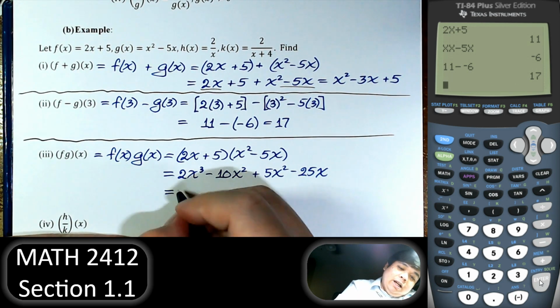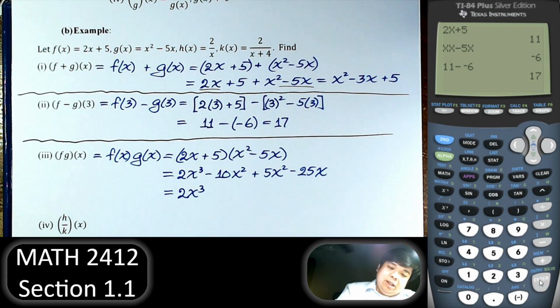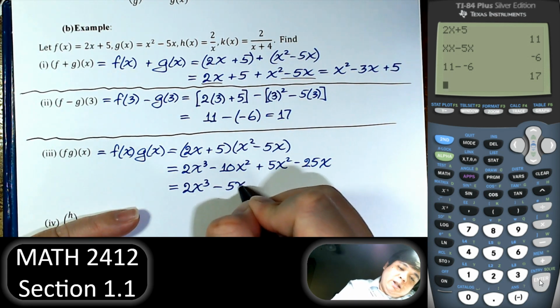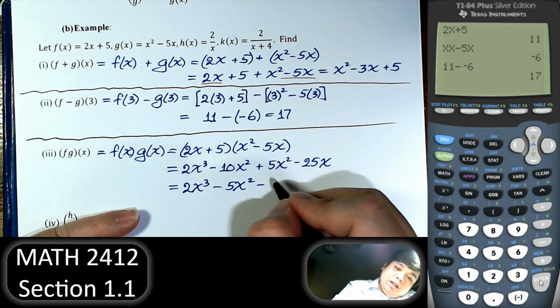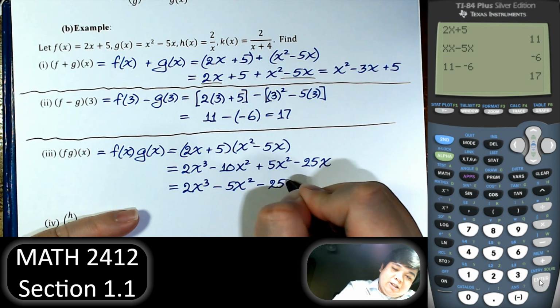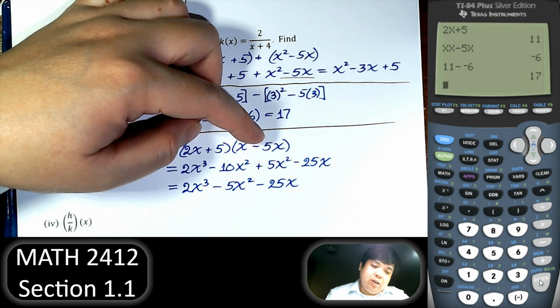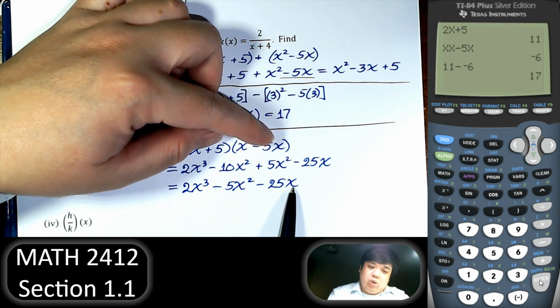Right, combine like terms and let's just put them in decreasing order. Yeah, that gives us 2x cubed minus 5x squared minus 25x. Right, let's check to verify. 2x cubed minus 5x squared and minus 25x.